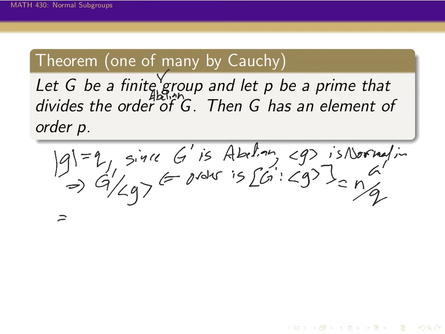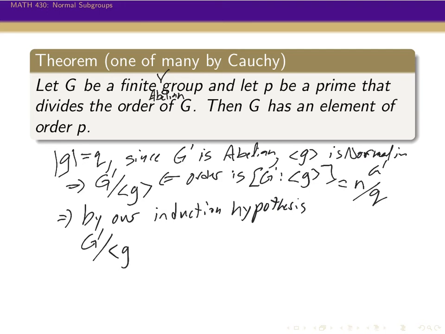And so now, by our induction hypothesis, we have a group whose order is a multiple of P but is smaller than n. G prime mod G has an element of order P. Let's call it X prime.